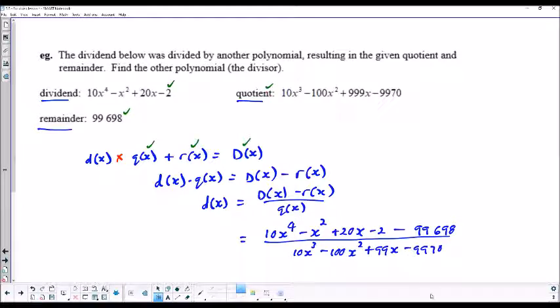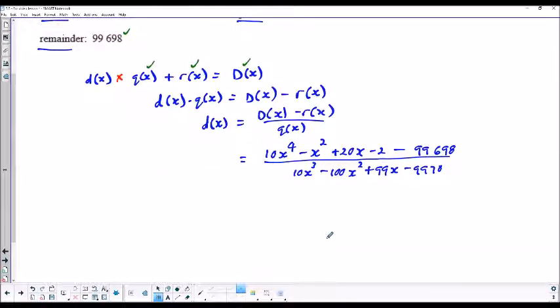Okay, so because of all this mess that we have here, it's not just a simple binomial that we were dividing by when we were using synthetic division. So because it's not a binomial, we have to do this the long way and do the long division.